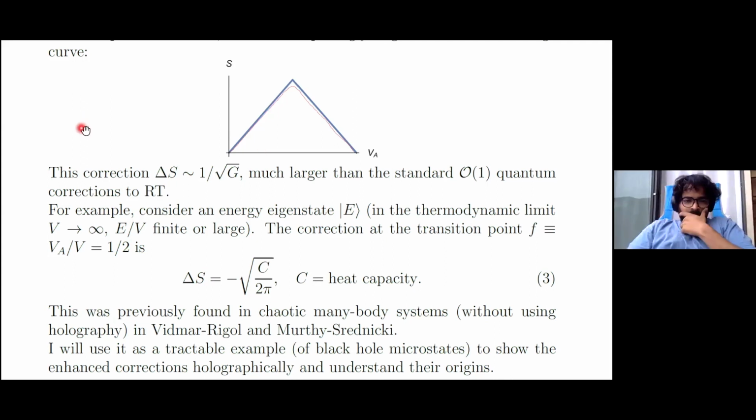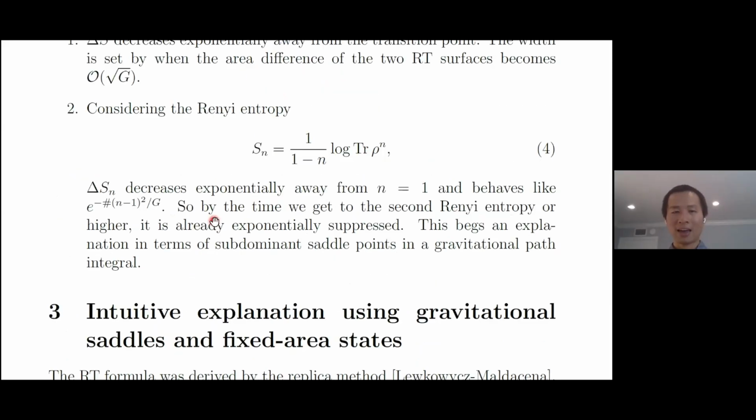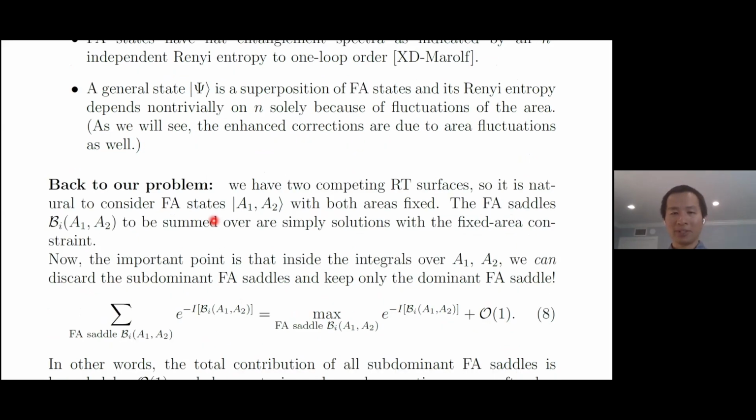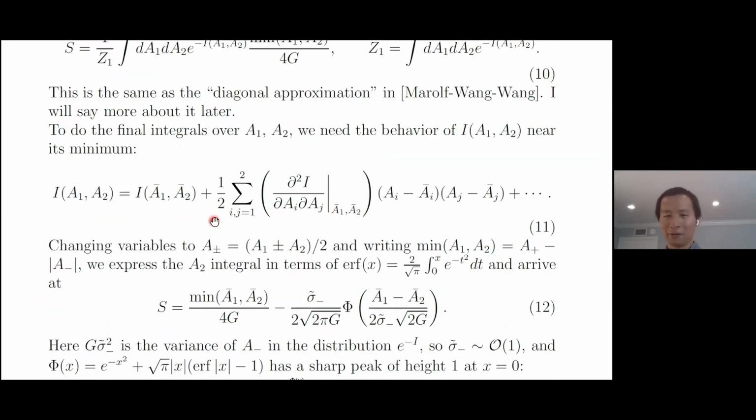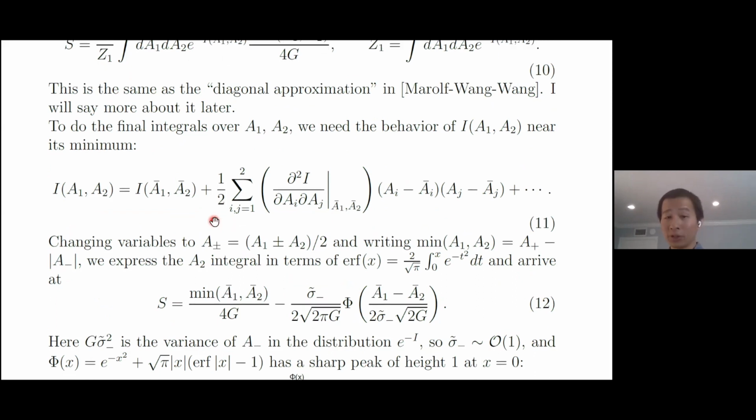If you do the fixed area states, essentially, I had a precise formula here, equation 12. If you then do this for the black hole microstate example, there is a funny thing. The Gaussian distribution normally has a correlation matrix.